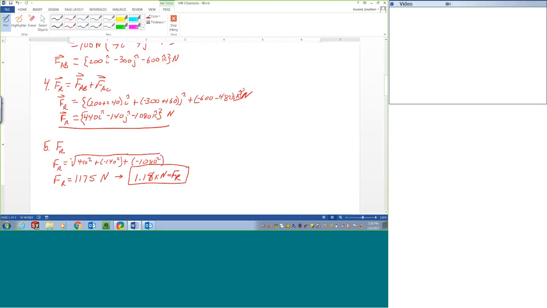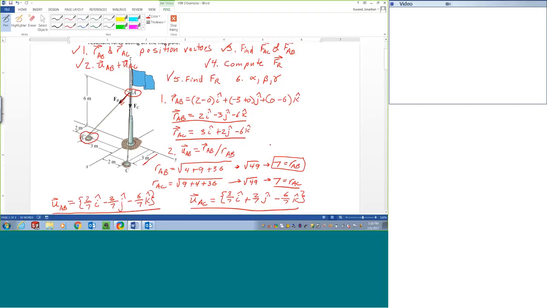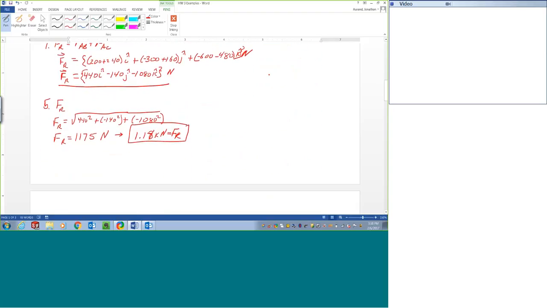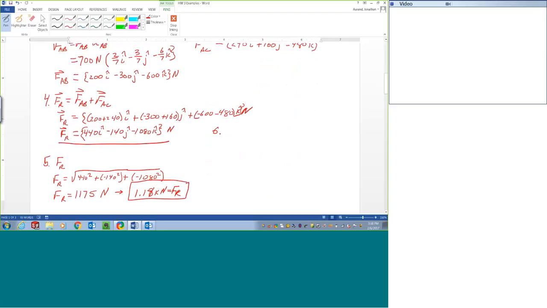And then lastly, go back up here. We found that. Now we just need our coordinate direction angles, alpha, beta, gamma. Step 6. Alpha, if you recall, is cosine inverse of the x component, so 440 over our magnitude. I'm going to keep the 1175 just for resolution here. That goes to 68.0 degrees.